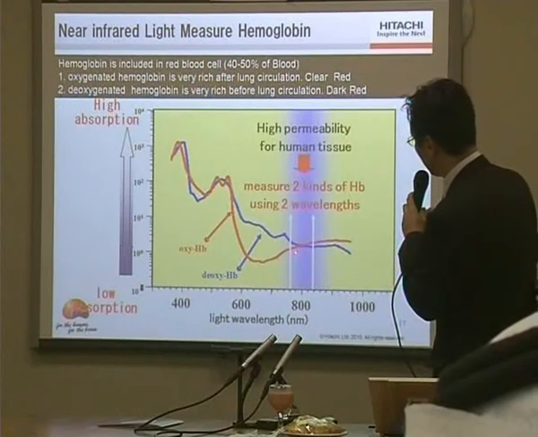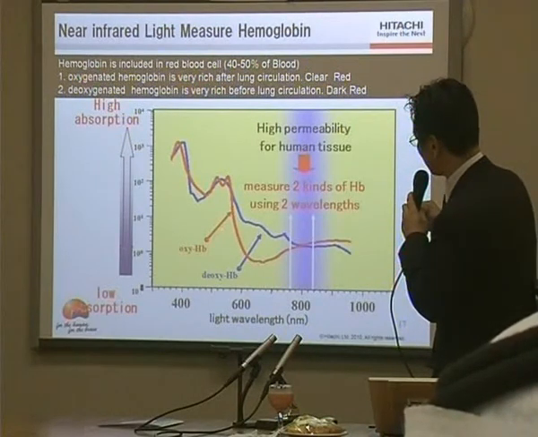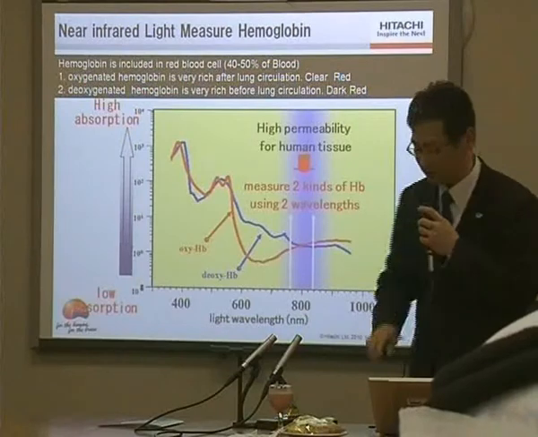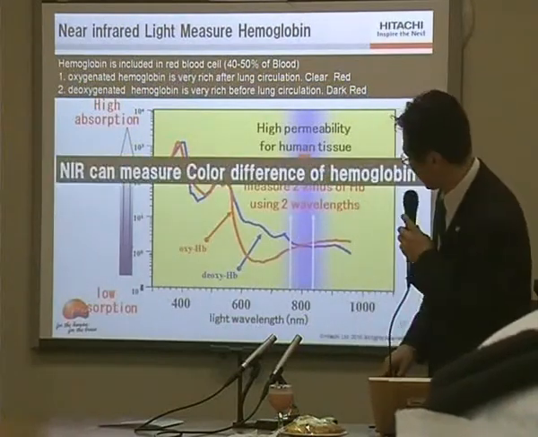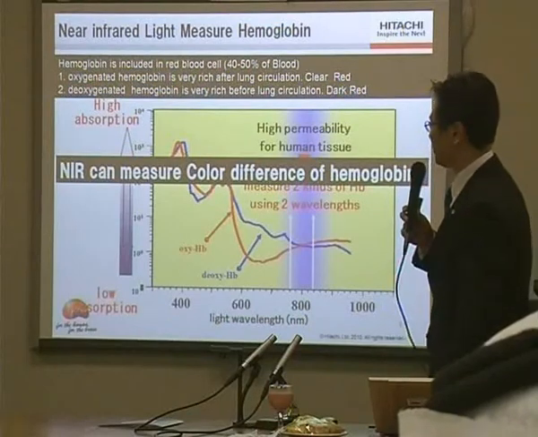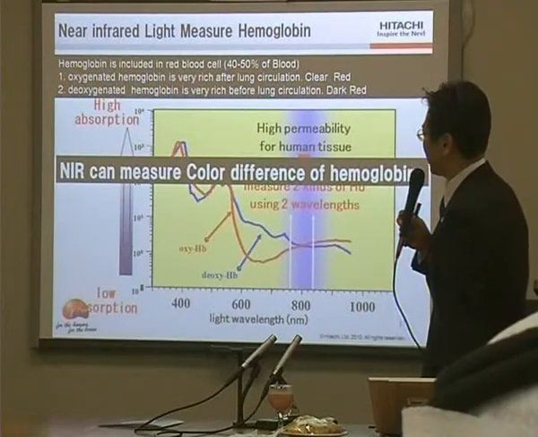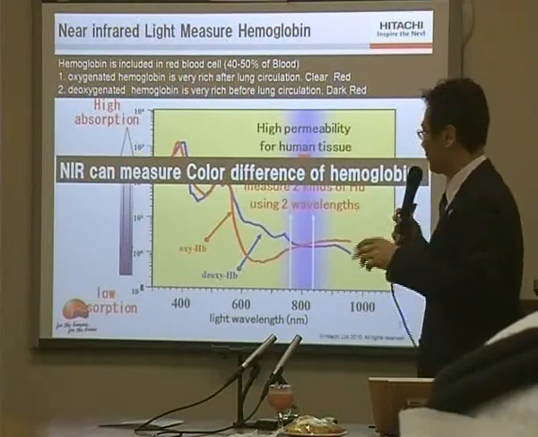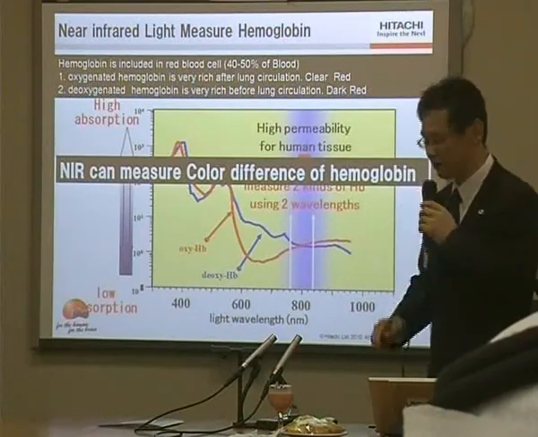So finally, we can determine the concentration of oxygenated and deoxygenated hemoglobin using two wavelengths around the near-infrared light region. So simply said, near-infrared light can measure the color difference of hemoglobin.